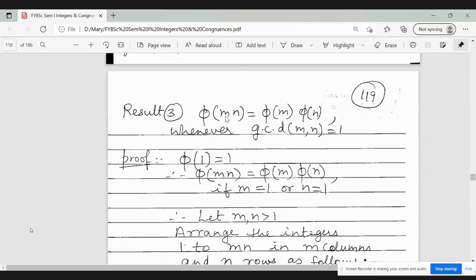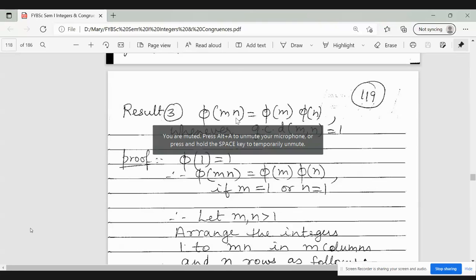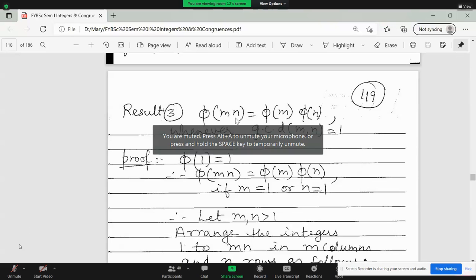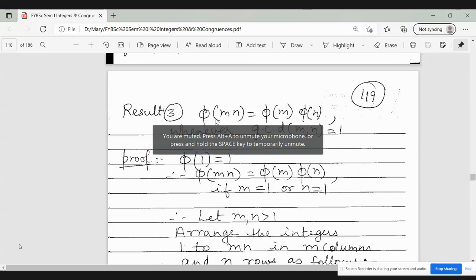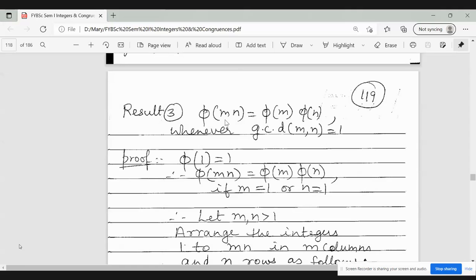See, if you take 100 here, and what number will you take here? 25? If you take 25, sorry, GCD is not 1. Yes, GCD 29. If you take 29, then 100 into 29 means 2900. Phi of 2900 will be what? 29 is prime, na?